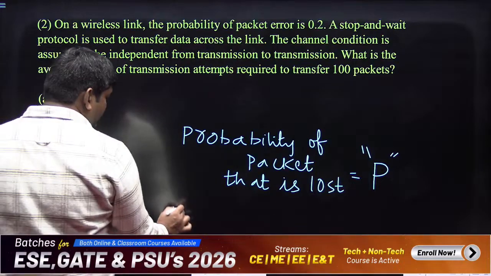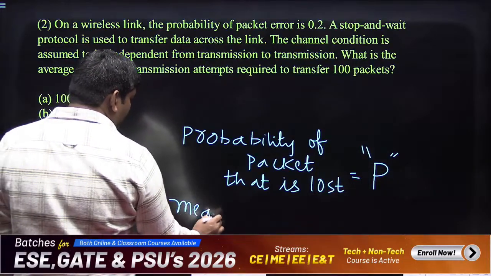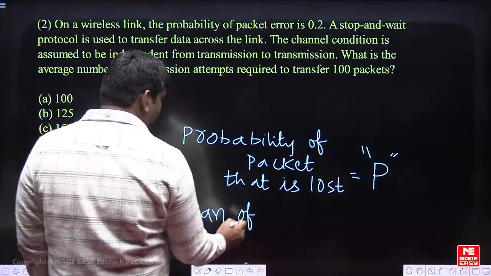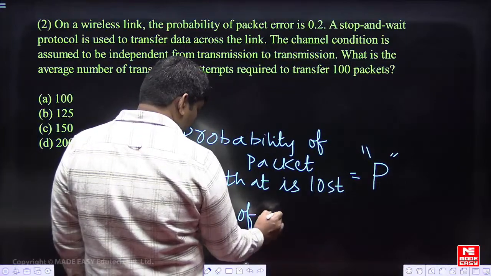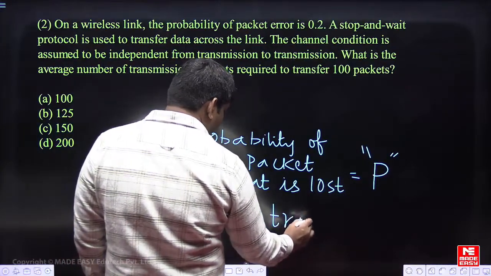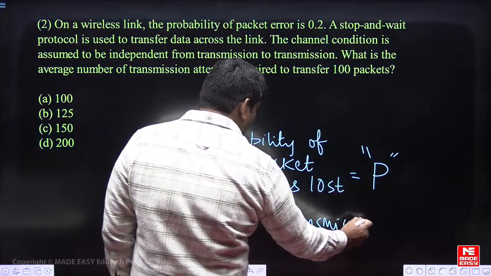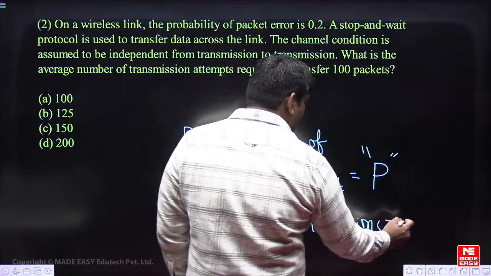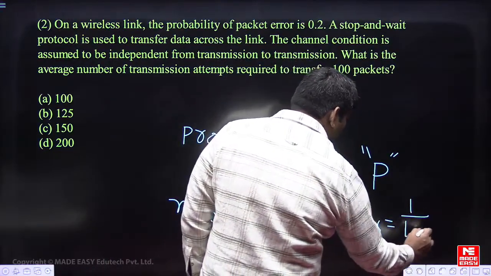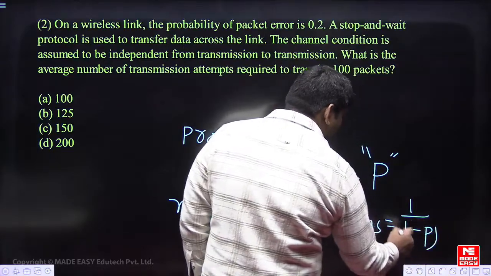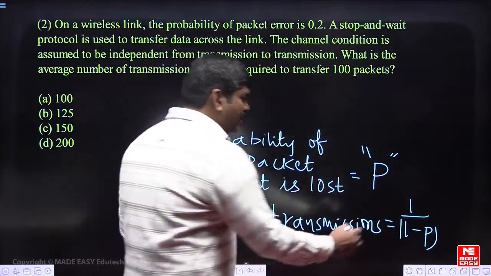Then the mean number of transmissions, on average the number of transmissions, the derived value will be 1 by 1 minus p. This will be available in the class notes.